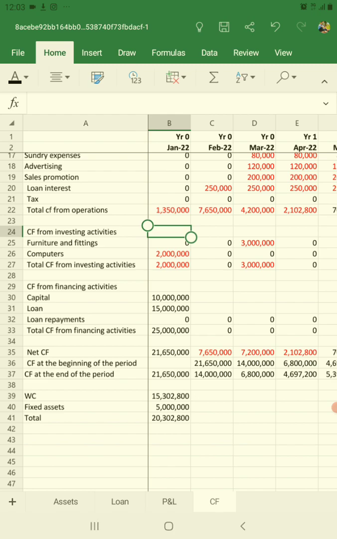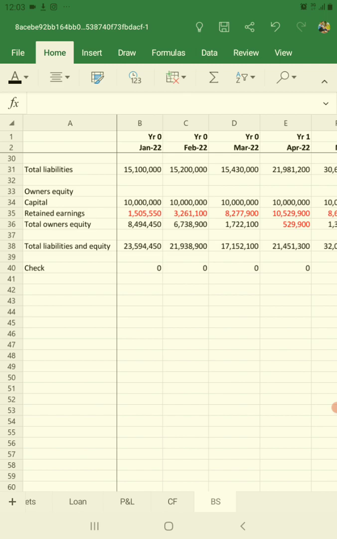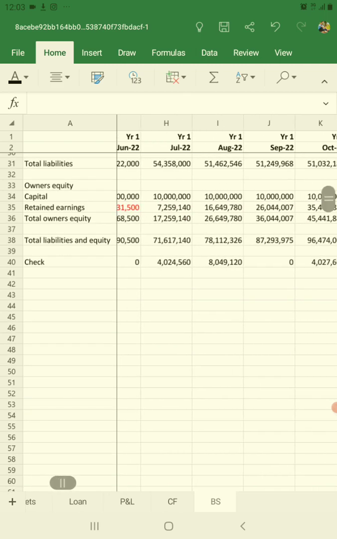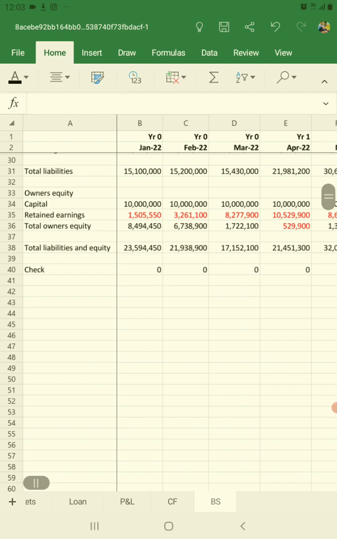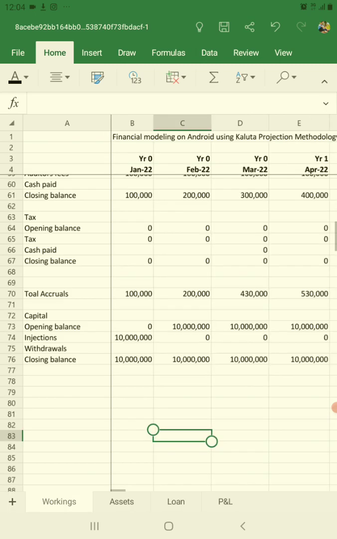Right now, if we go to the balance sheets here, we will see that our balance sheet is not balanced because we have not yet added the tax accrual in the accrual formula in the workings. So in the total accrual, we have to add the tax component.